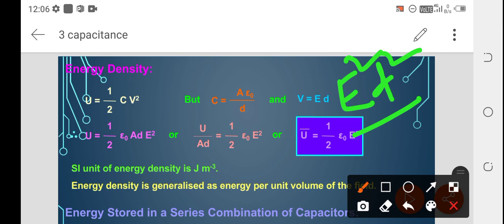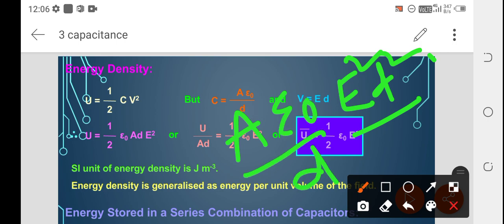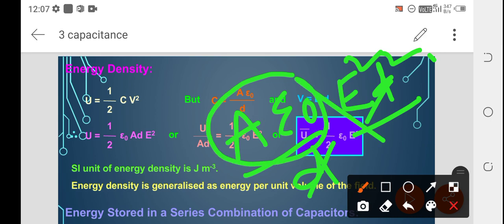Substituting C equals A epsilon naught by d, the d will be cancelled, and finally we get 1 by 2 A epsilon naught E square d.